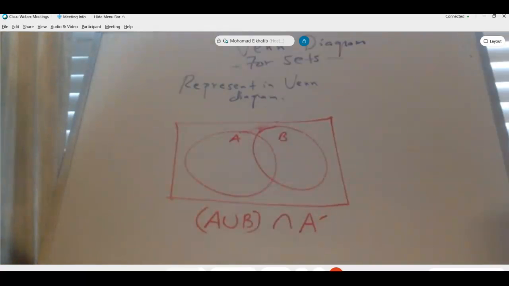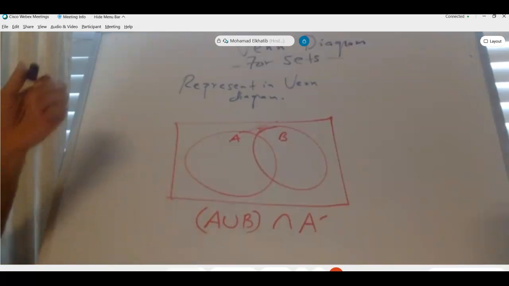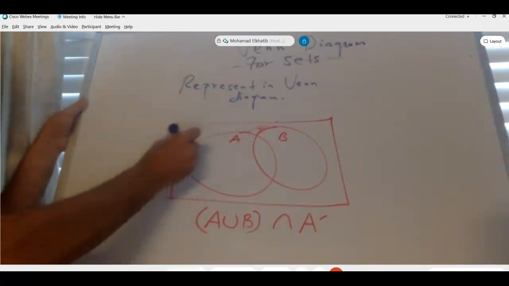Pay attention, class. This is very important, so don't copy. The first thing I have to do here is the parentheses. Where is A union B? So I'm going to shade both A and B.